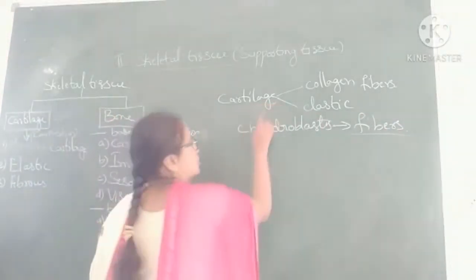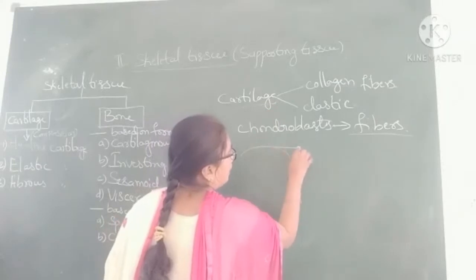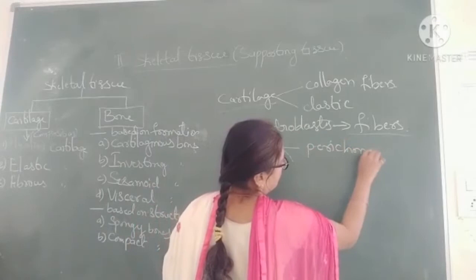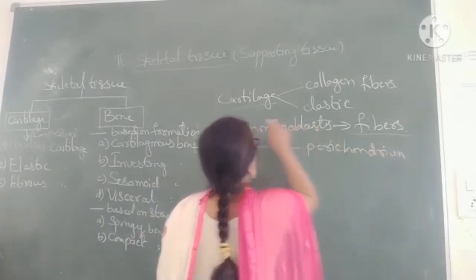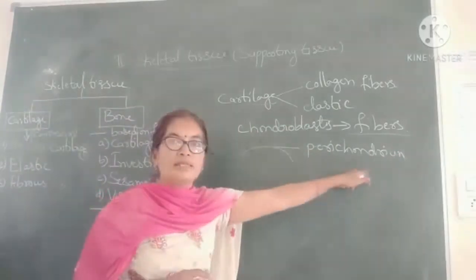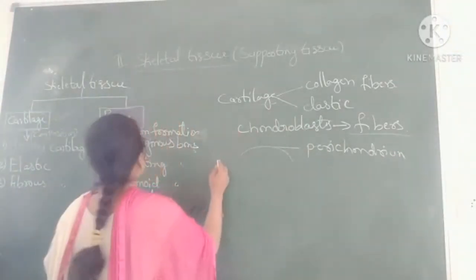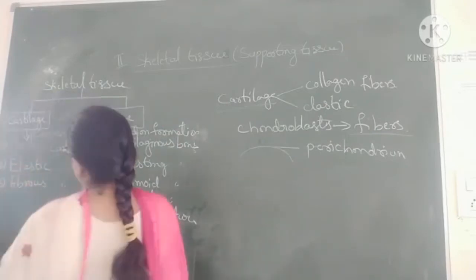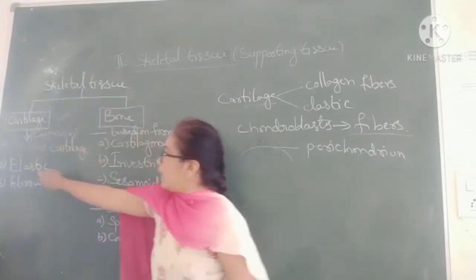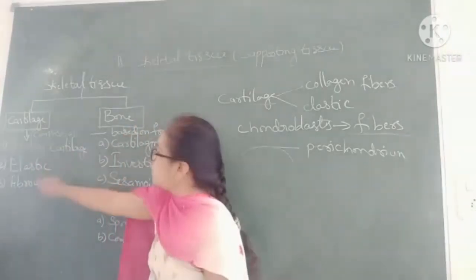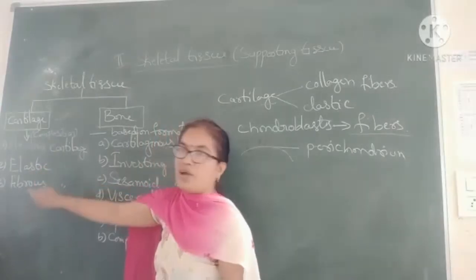This cartilage is covered by an outer layer called the perichondrium. Based on their composition, cartilages are divided into three types: hyaline cartilage, elastic cartilage and fibrous cartilage.